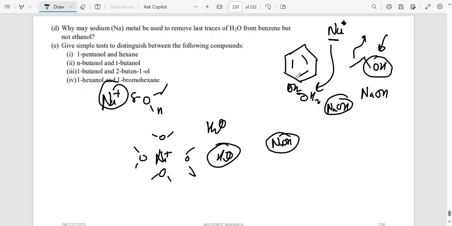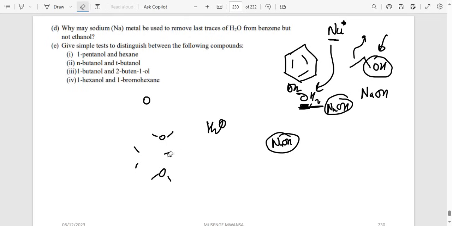That is unlike in benzene. In benzene, you don't have hydrogen bonds. This molecule is basically non-polar, so you can't form hydrogen bonds with sodium. Because of that, sodium will go and form sodium hydroxide with any traces of water in solution. That will form the solid that can be removed at the end. Does that make sense? Is that okay? Okay.